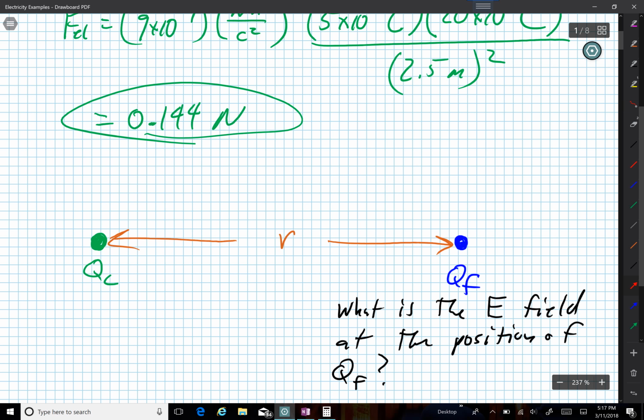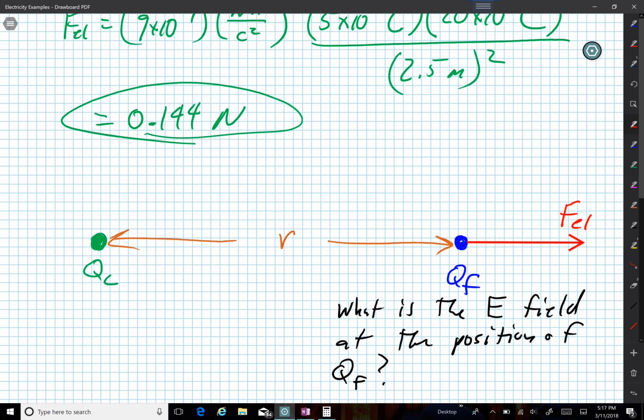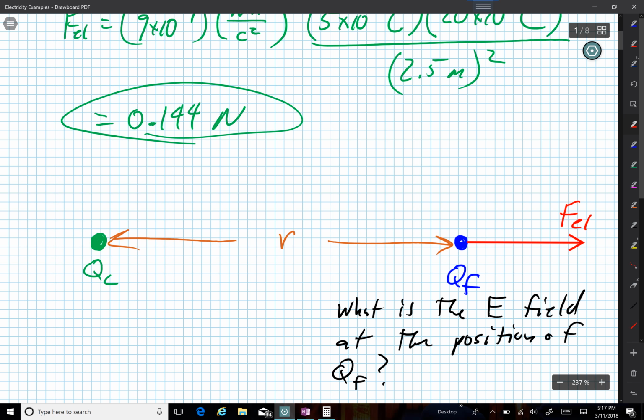And so there's going to be an electric force right here pushing the field charge away from the central charge. And we just calculated that that's going to be 0.144 newtons.